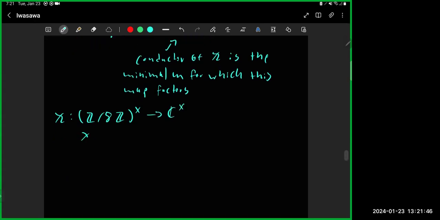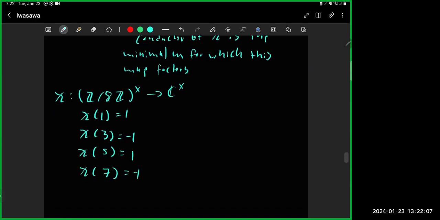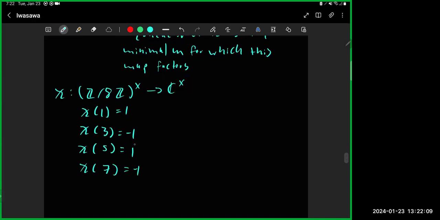We have chi of 1 is equal to 1, chi of 3 is equal to -1, chi of 5 is equal to 1, and chi of 7 is equal to -1. Okay, so clearly you can see that we have a bit of redundancy here.